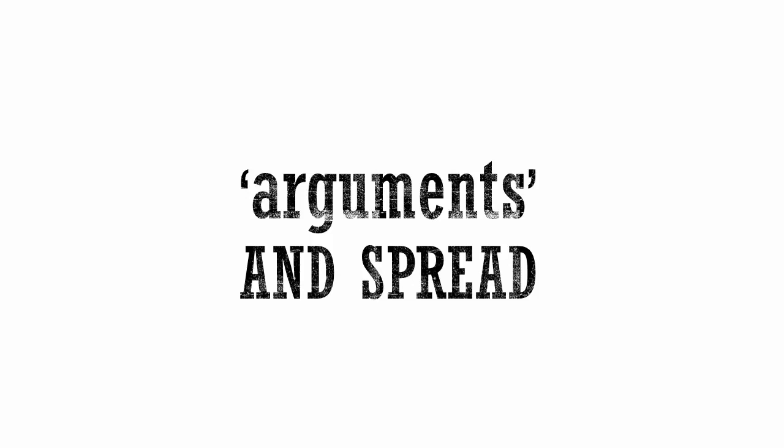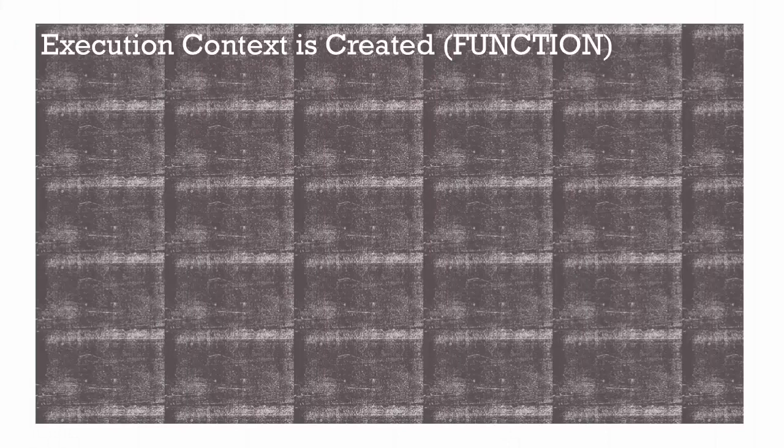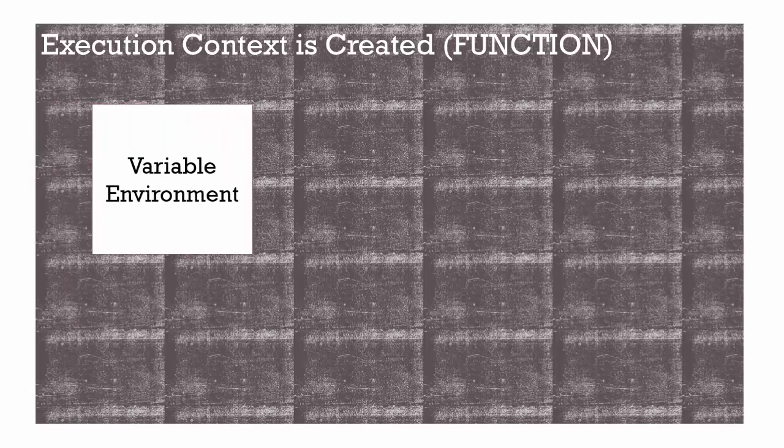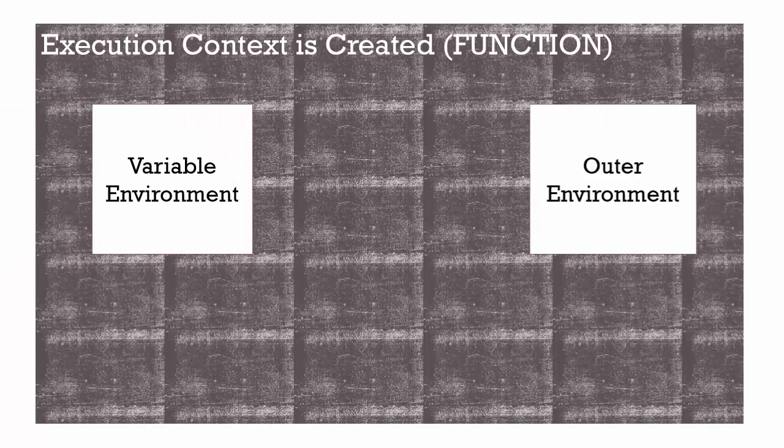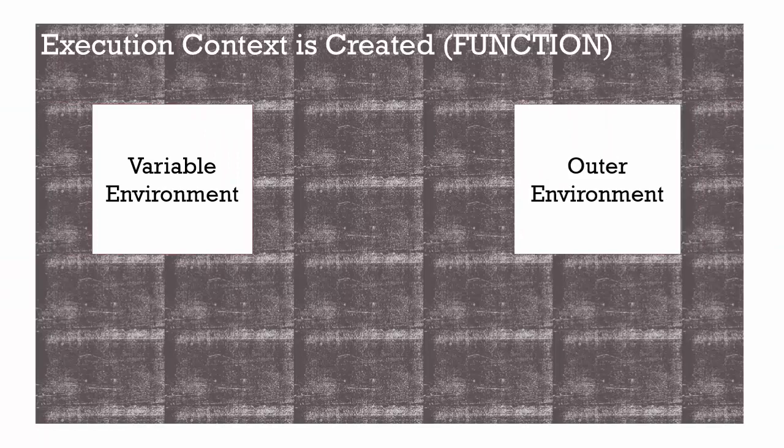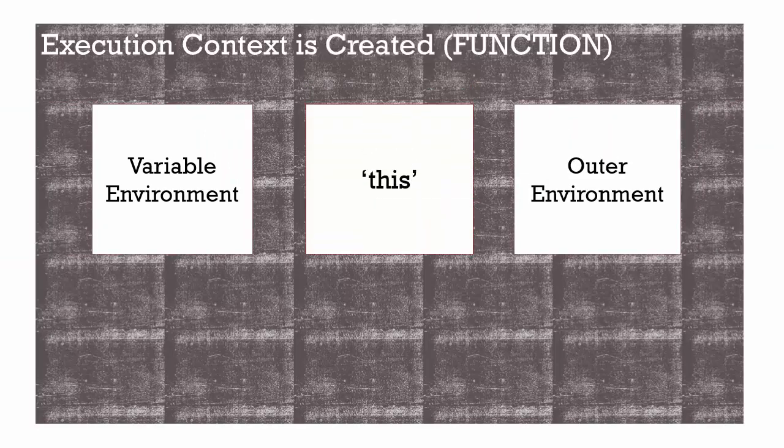As we've seen many times before, when you execute a function, a new execution context is created, and the JavaScript engine sets up some things for us, like a variable environment to hold our variables, an outer environment reference for the scope chain, the special keyword this, which will point to different things depending on where the function lives or how it's called.